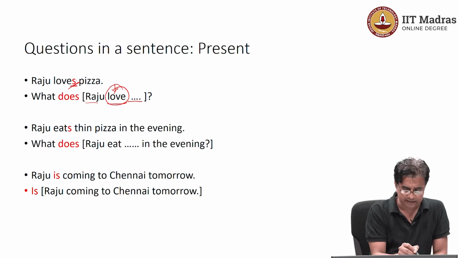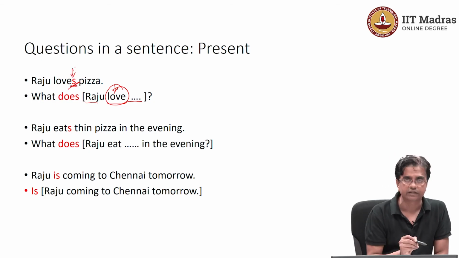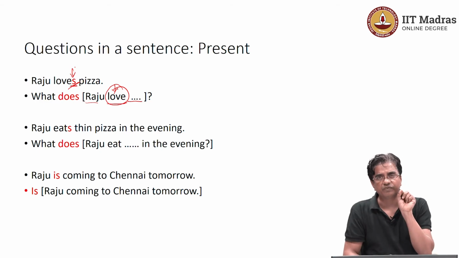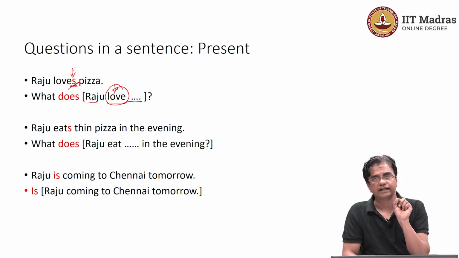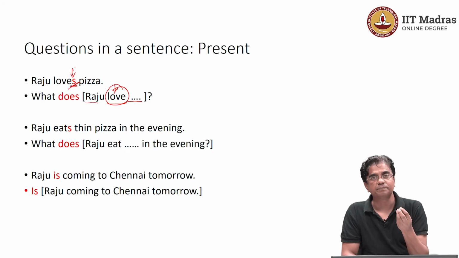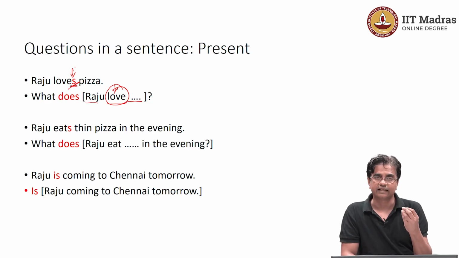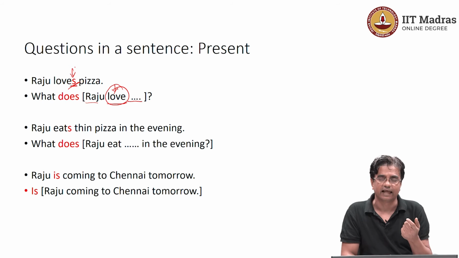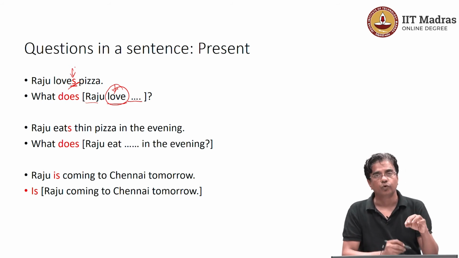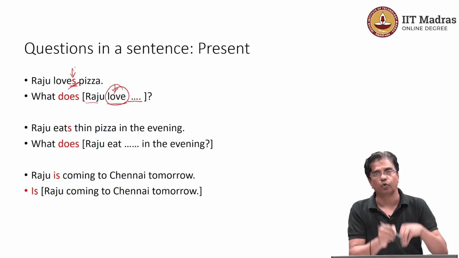But this marking alone is a morphemic marker in the grammar. Therefore, it doesn't have its independent status. It can't stand on its own. So what it does is, there are elements in languages, and that element in English is do, which we use to host it.